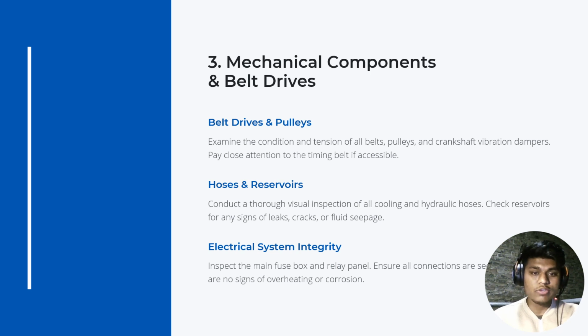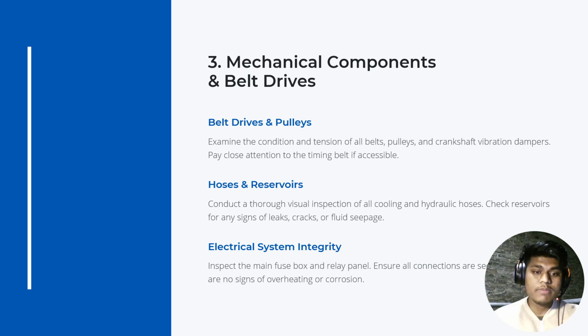Next, we focus on the mechanical integrity of the powertrain. This involves a detailed examination of all belt drives, pulleys, and crankshaft vibration dampers for signs of wear or improper tension. I'm paying close attention to the timing belt where accessible, as this is a critical maintenance item.